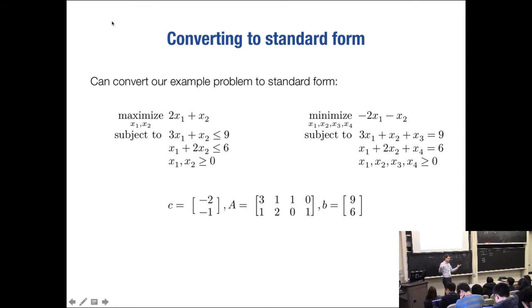Again, that's just convention. Don't worry about that too much. But then our inequalities all become equalities with an additional variable. So x3 is now the slack variable for that first inequality. It becomes an equality, and we have the constraint that x3 is greater than or equal to 0. Similarly, x4 becomes the slack variable for the second constraint, and we have it equal to 6, and then x4 is greater than or equal to 0.